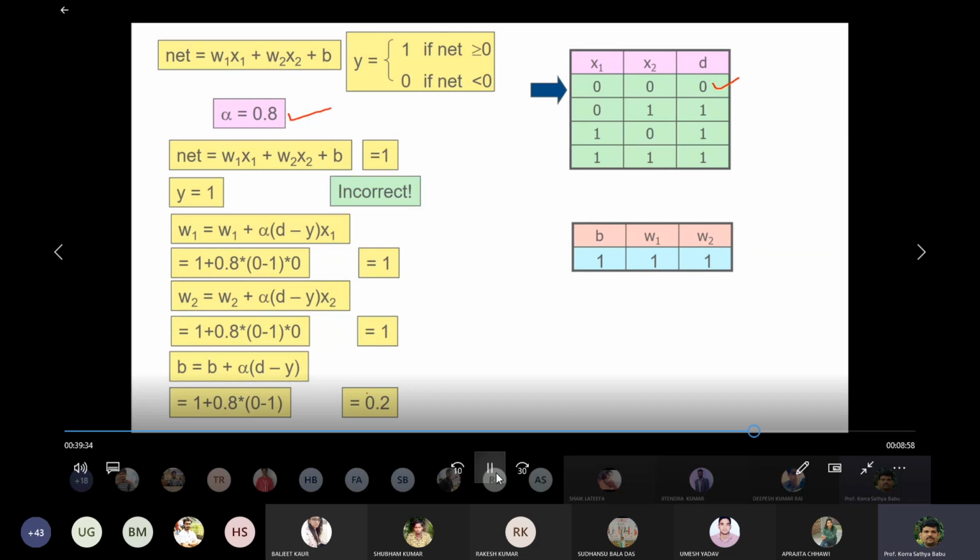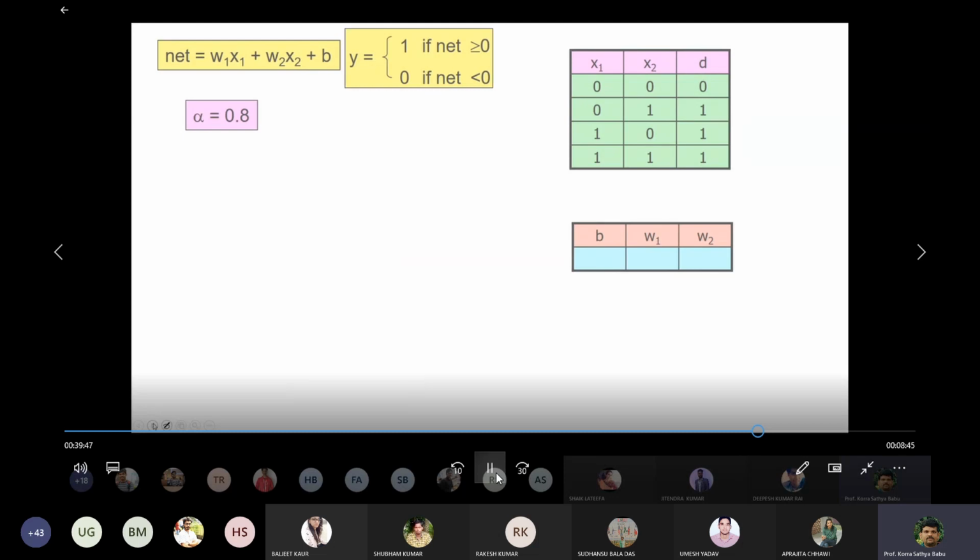It means that this bias value should be 0.2, whereas weights should be 1 and 1. Now the learning rate is alpha equal to 0.8 and bias is 0.2, weight 1 and weight 2 are 1.